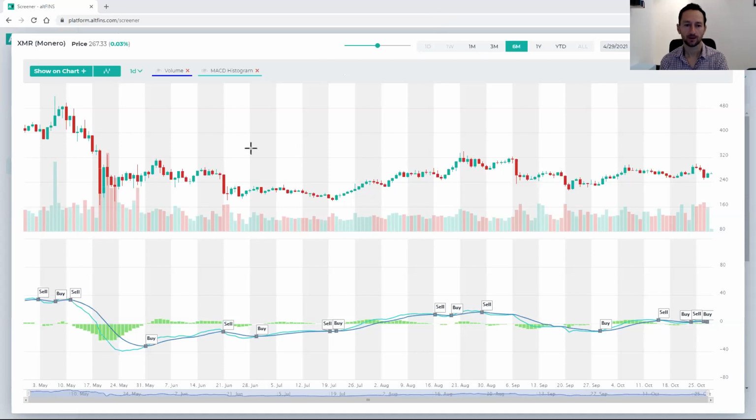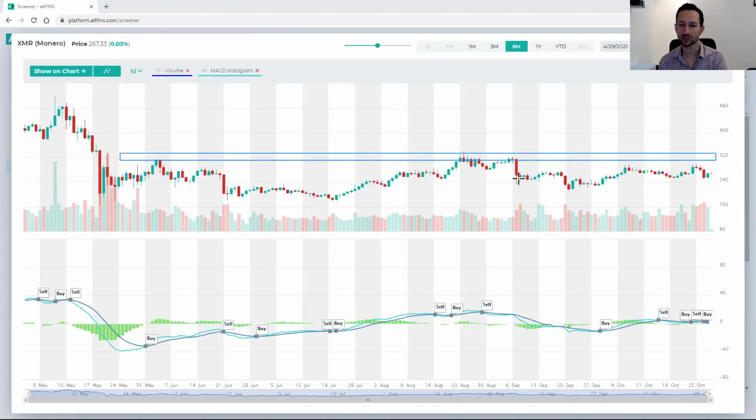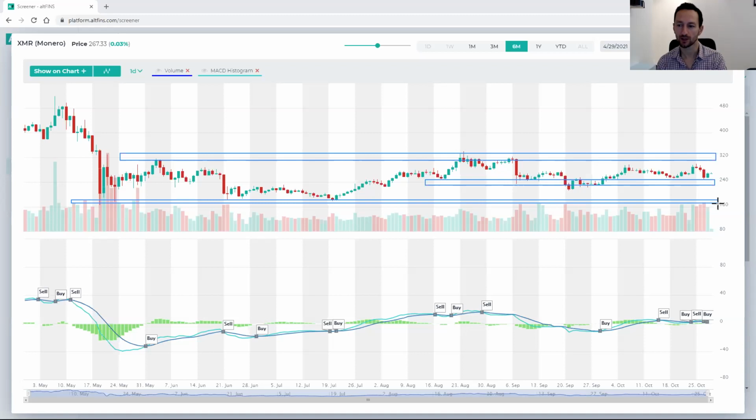Well, clearly 320 is one resistance area. We've seen a lot of rejection of price advances in the recent past. Another support area is 240, I'd say. The one below that would be here, capturing some of these lows, all the way down to maybe 180 or so.